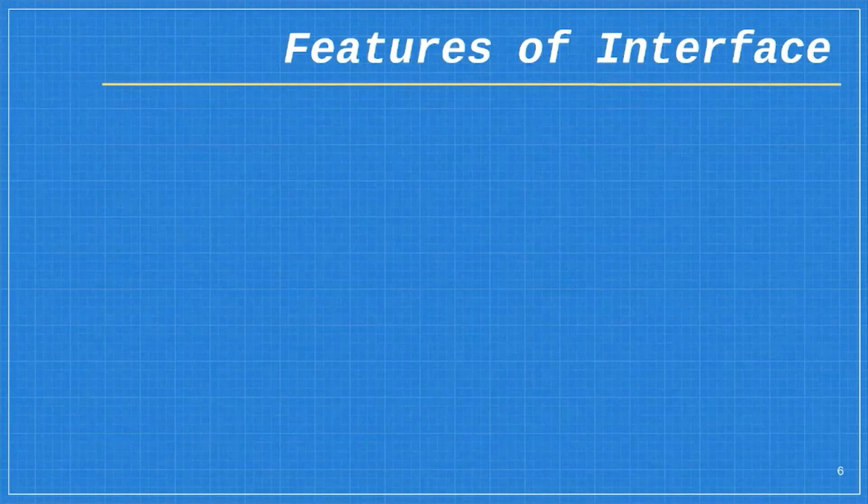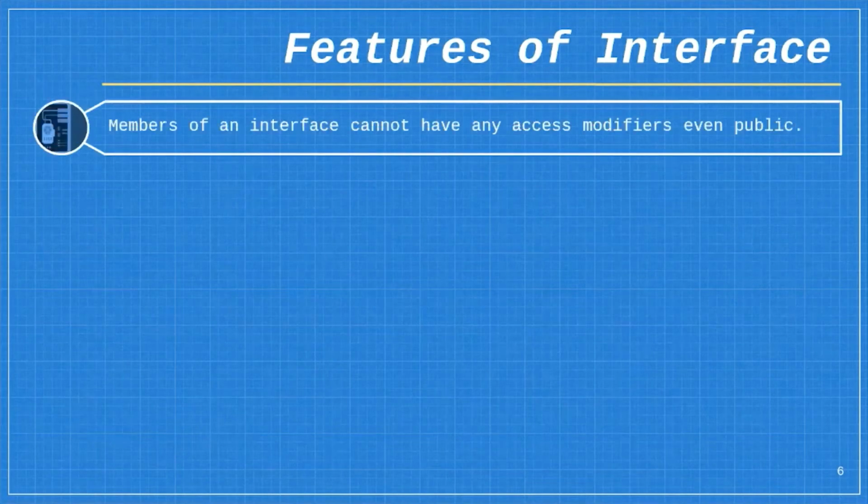Then we'll discuss the features of an interface. Interface members cannot have any access modifiers as they are public by default, and we cannot even specify public.